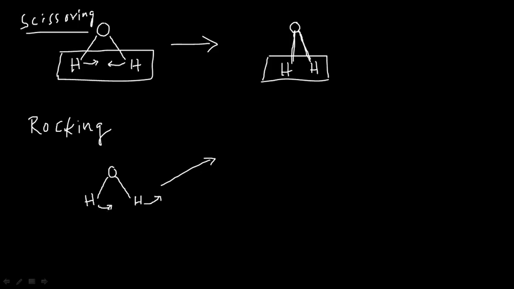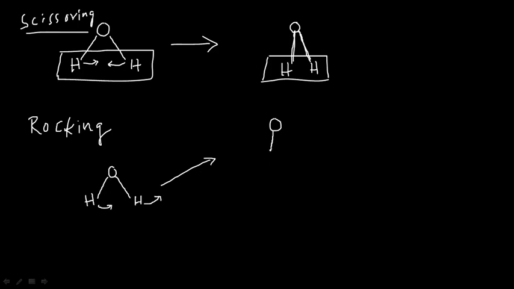So here the two hydrogen atoms move in the opposite manner, one in this direction and the other in this direction. Two hydrogens are moving in opposite directions in scissoring, but here in rocking the two hydrogen atoms are moving in the same direction. So when it moves from here to here, the displacement of the atoms takes place.